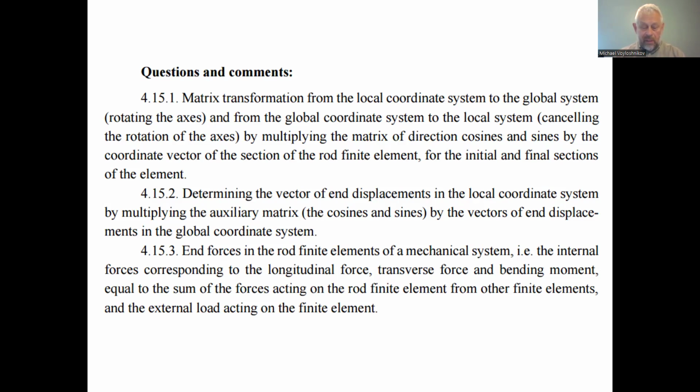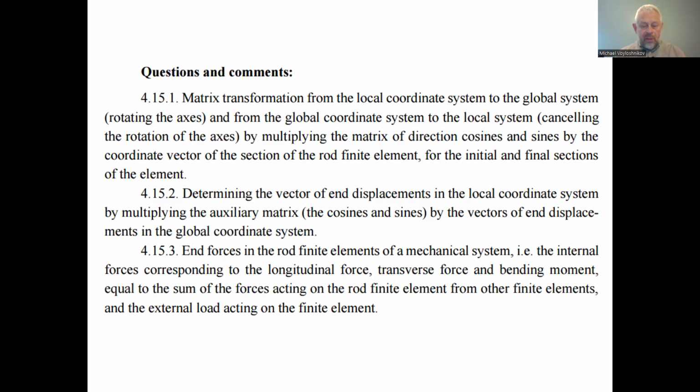And if we multiply this matrix by the vectors in the global coordinate system, we will have the magnitudes of the components of the vector in the local coordinate system. This is the use of the matrix of the transformation, the geometric matrix, the vector geometric matrix of the transformation.